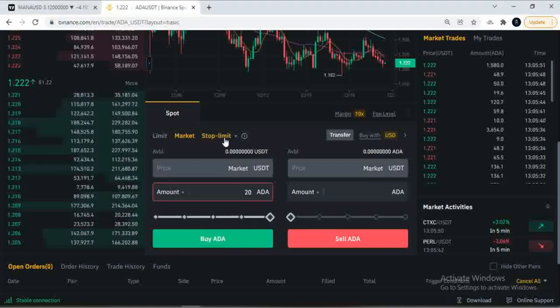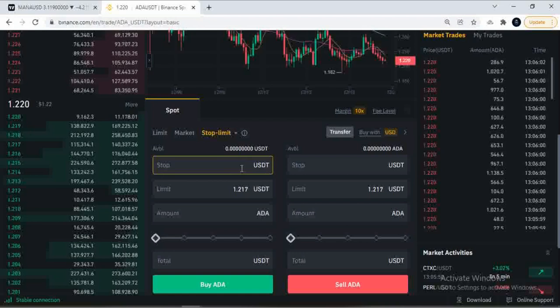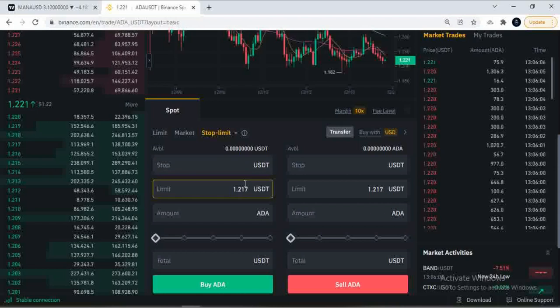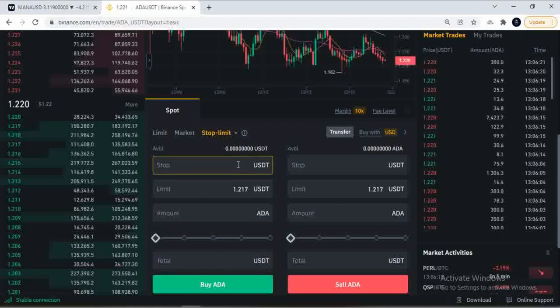All right, so let's look at the stop limit order. What a stop limit order means is you can set two different prices. This is the limit, for when I want to buy. I want to buy anything from 1.217 or lower, down to anywhere around 1.215.